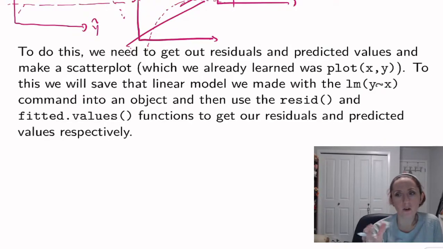Just using the function will spit out my coefficients, but if I save it to an object, that object is actually going to store a bunch of different information. So once I store it in an object, I can use the resid and the fitted.values functions to pull the residuals and the predicted values out of that object.